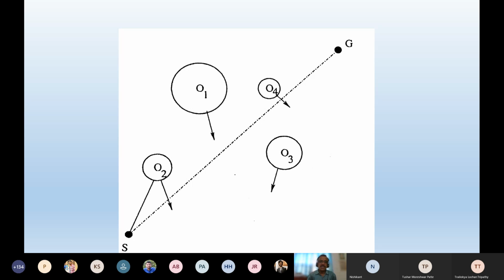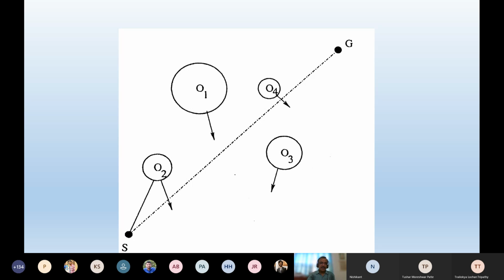So first, assurance has to be given that this is a feasible path. Now, out of all such obstacles, which one is the most critical obstacle? If you compare their movement and relative position with respect to the planning robot, O2 will be the most critical obstacle, because it is going to collide with the planning robot.